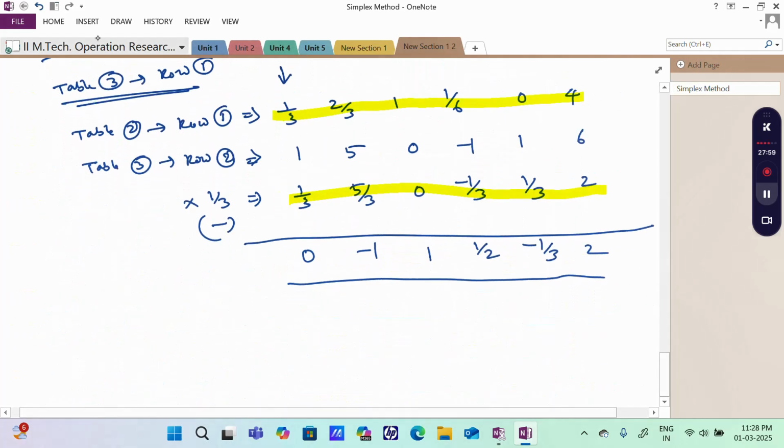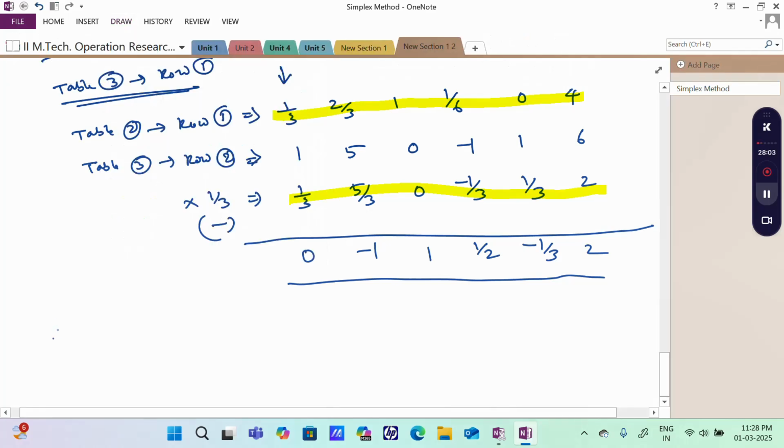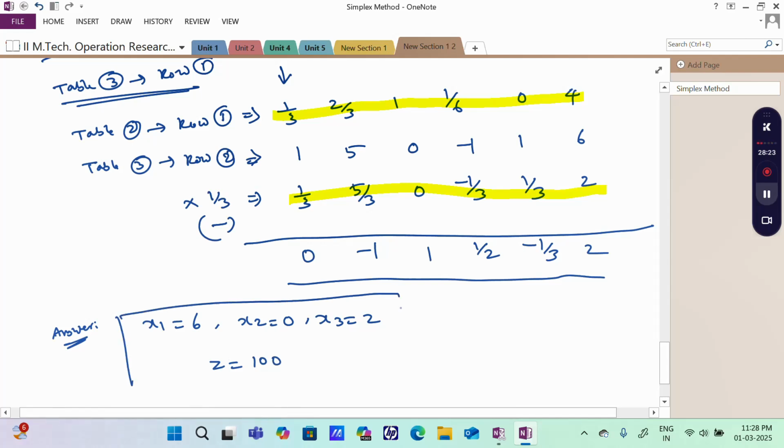Therefore the answer is: x1 value 6, x2 value 0 because there is no x2 value, x3 value 2, and z value 100. So this is our final answer using the simplex method. Thank you.